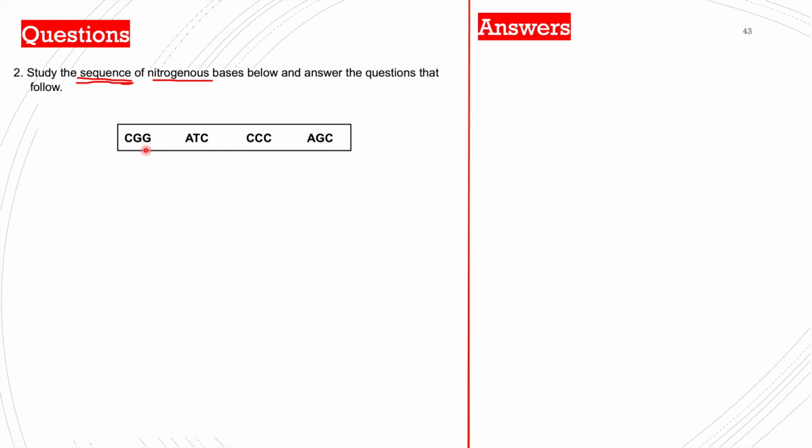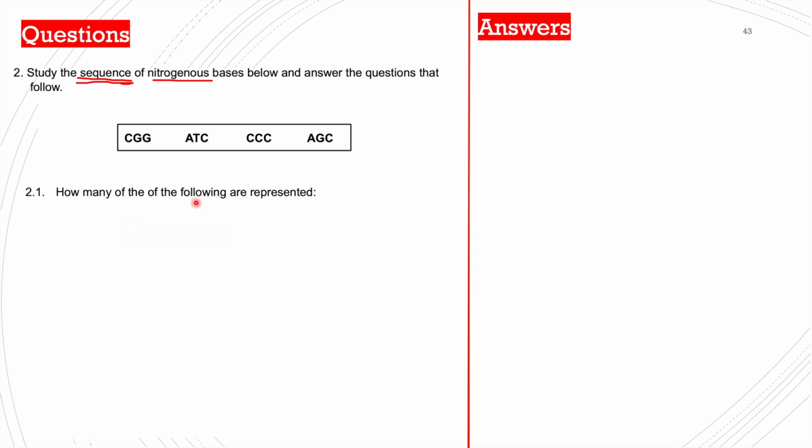All right? So triplet just means 3. So in this case, it is 3 what? 3 nitrogenous bases in a particular sequence. So the sequence in which they follow, AGG is our first triplet, ATC second triplet, CCC third triplet, and AGC is our fourth triplet. All right, let's look at the questions.